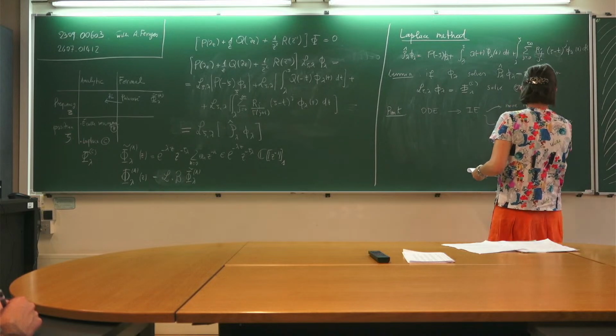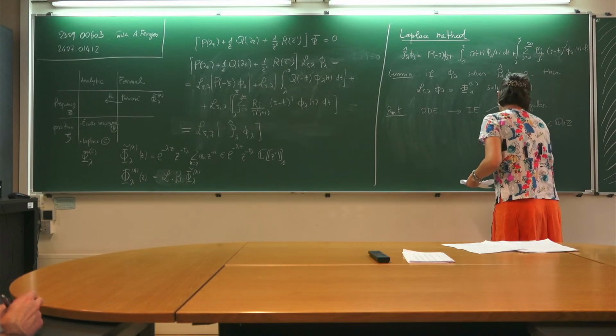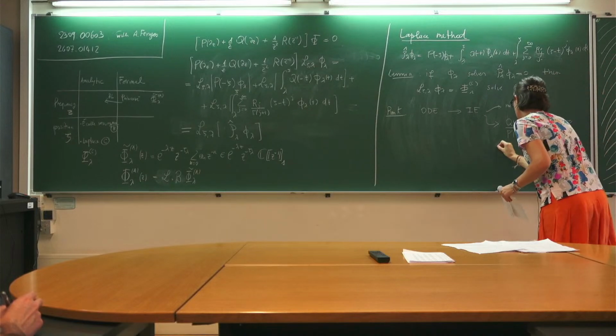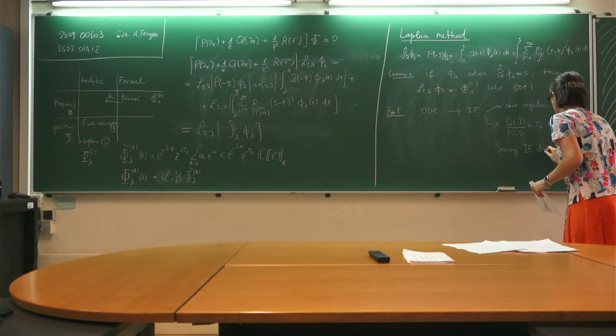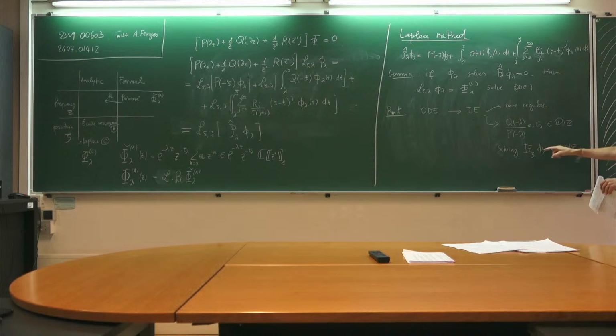So let me just write it. I mean, the point is you can take derivatives. So solving the integral equation for phi lambda is equivalent to solving the associated differential equation. Let me stress that the dependence is on zeta. What I mean is you really take derivatives until the integral disappears.